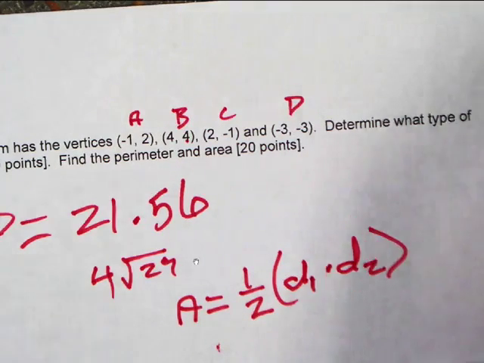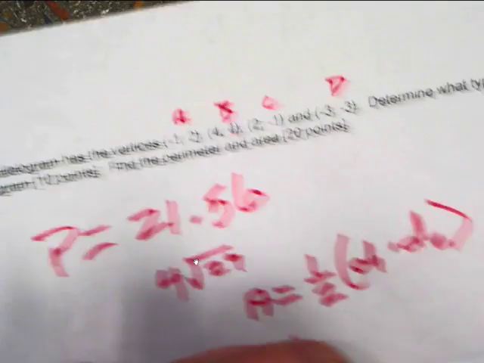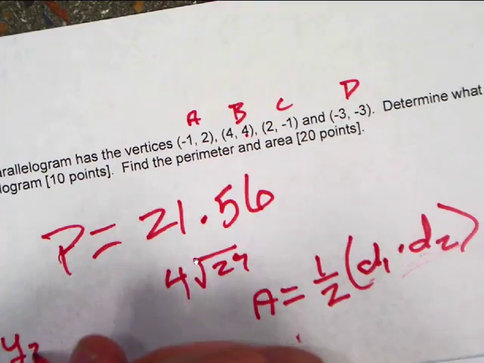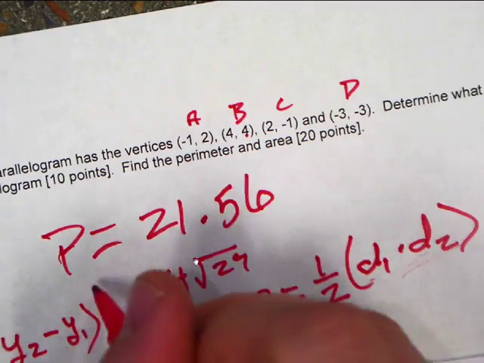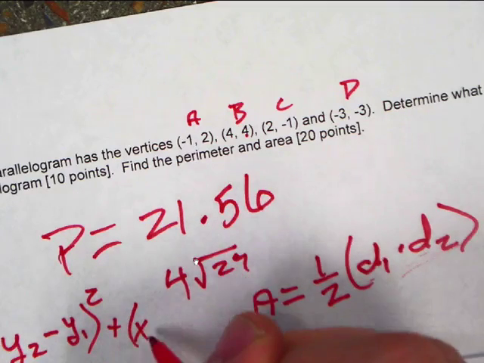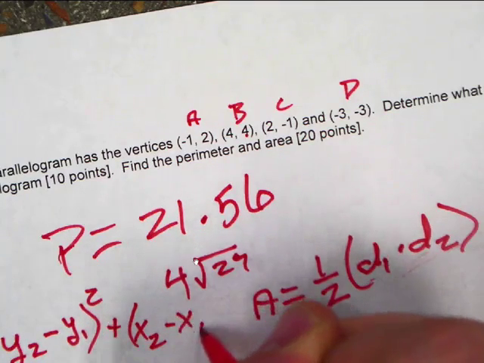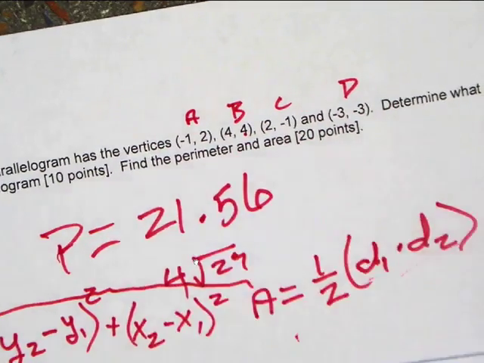Find the distance of the two diagonals, again using y2 minus y1 squared plus x2 minus x1 squared, and then take the square root of all of that.